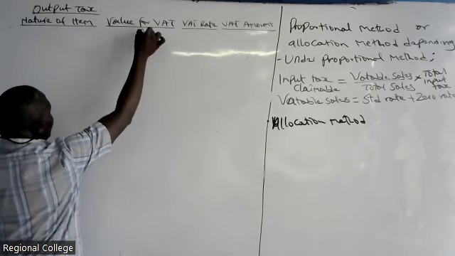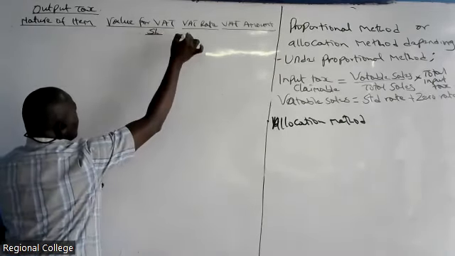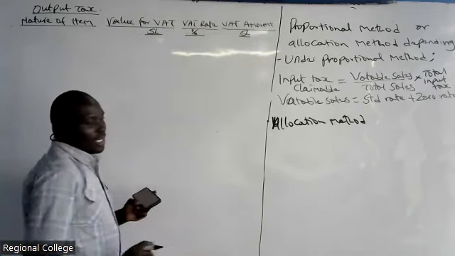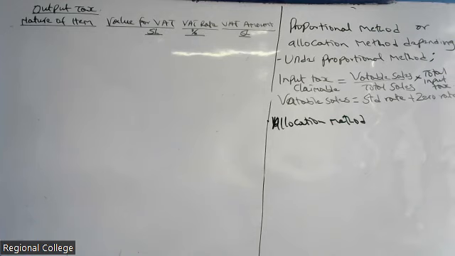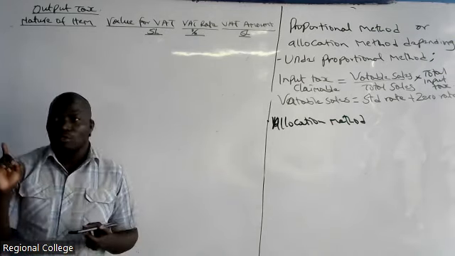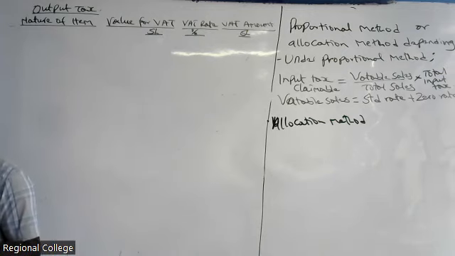So value for VAT can be in shillings, the rate is a percentage, the VAT amount is in shillings. And one thing to remember: value for VAT must always be 100%, not 116. It is the amount upon which VAT is charged.